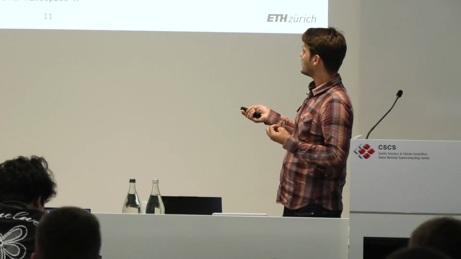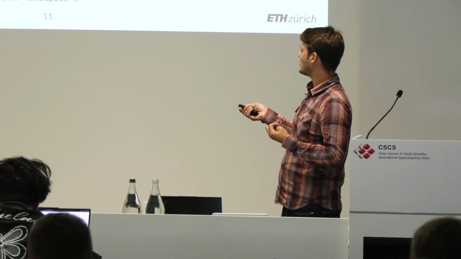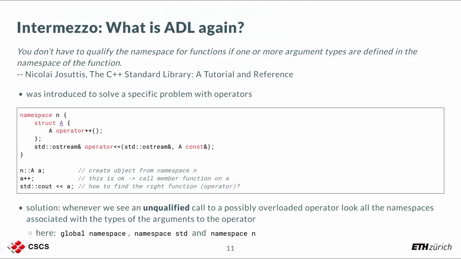And here we have standard cout, so this whole thing is executed in the global namespace. So we look in the global namespace. We look in the namespace std because that's where one of the arguments comes from, and we look in the namespace n, which is where the other argument comes from.